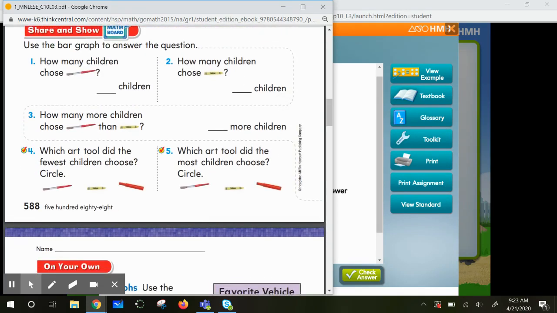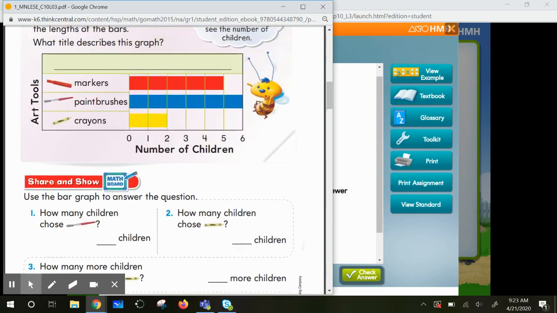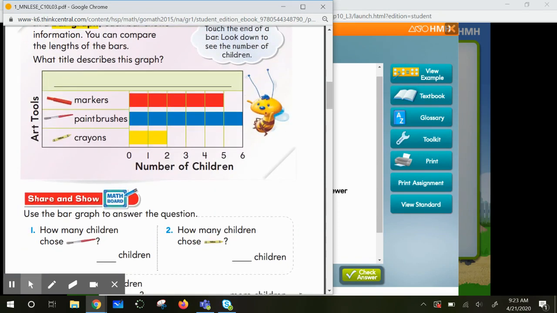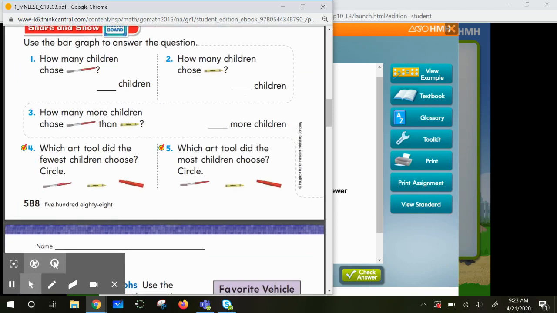Number 3, how many more children chose paintbrushes than crayons? How many more children? We've talked about this briefly in the past. So it's important how many more children chose paintbrushes than crayons, right? Keyword, how many more? These are really important words.